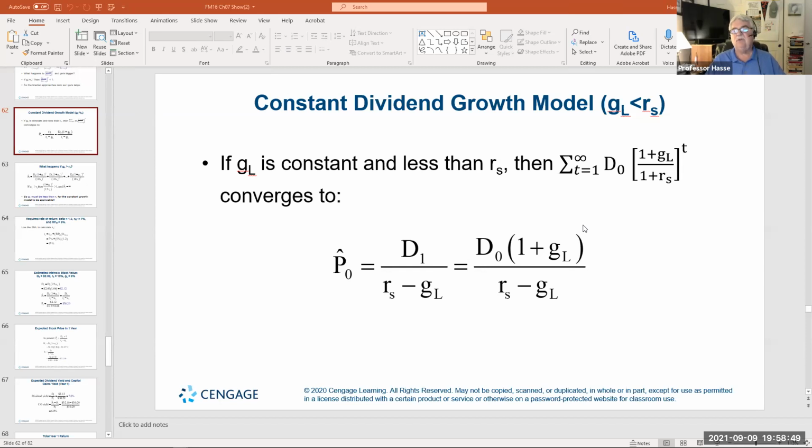You can determine the price of stock in the market based on the dividends you expect to pay in the next year, that's D1, divided by the required rate of return on the stock that investors want, minus the growth rate that the company anticipates growing at.